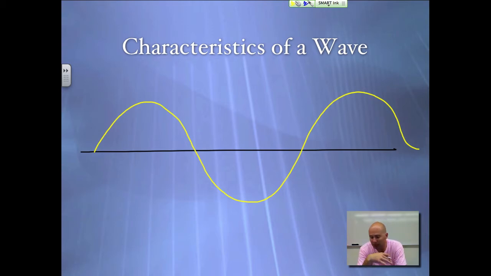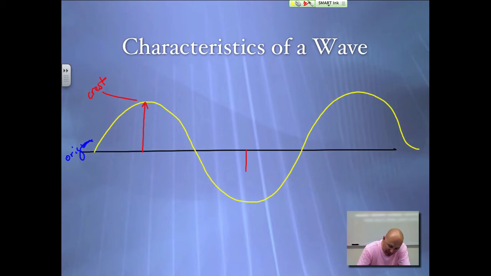The origin would be where the wave begins, the flat line. Now you're going up and then down, so up above the origin and then down below the origin. The top of a wave is the crest of a wave.